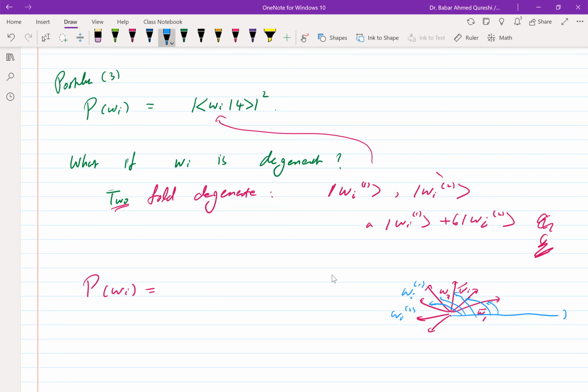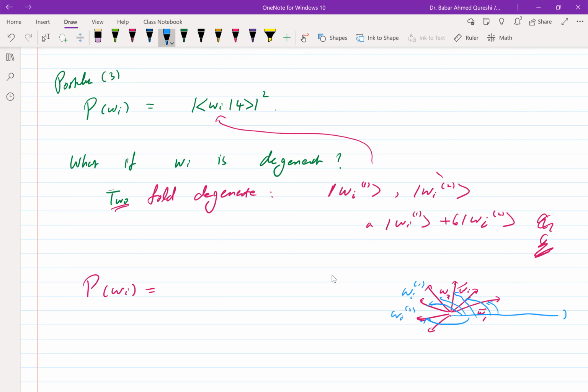You can project to this or you can project to that. So the probability is that either you get this or you get that. They both happen to give you the same number in terms of the eigenvalue, but they are considered to be distinct.